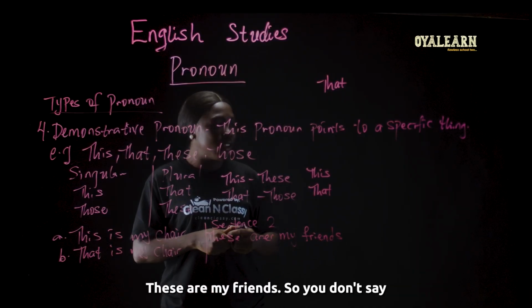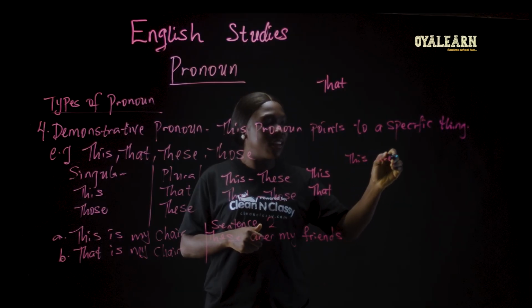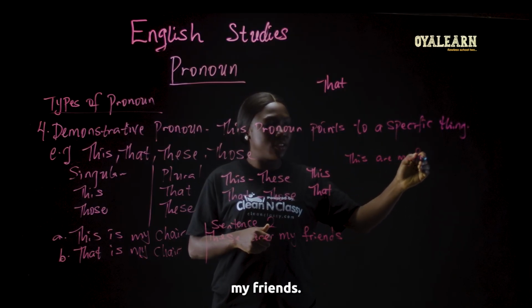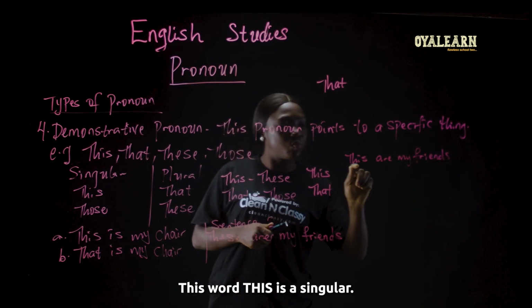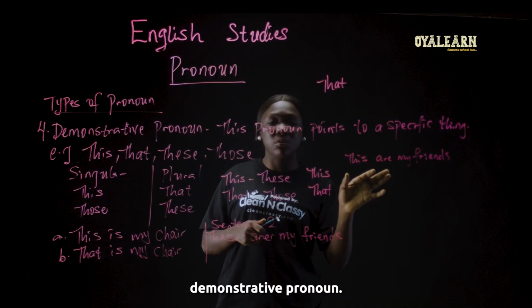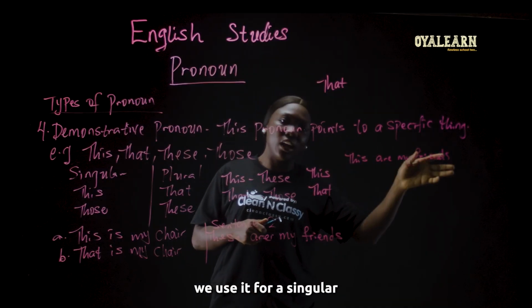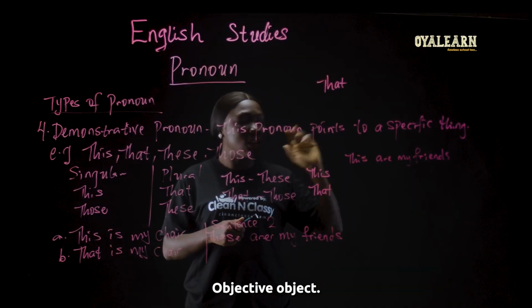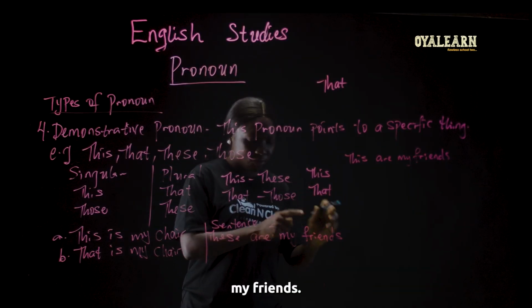So you don't say this are my friends. No, that's wrong. You don't say this because this word THIS is a singular demonstrative pronoun. You use it for a singular object. Now you get to say these are my friends.